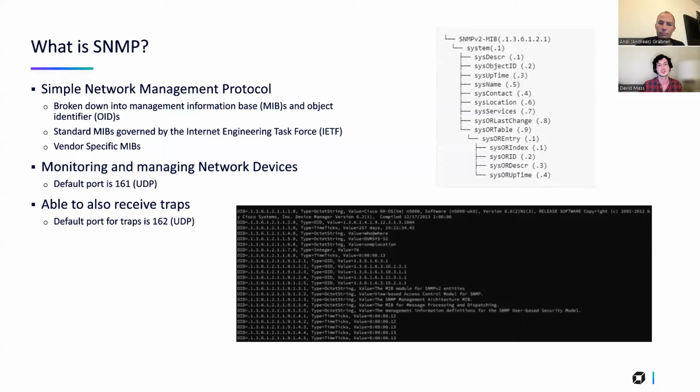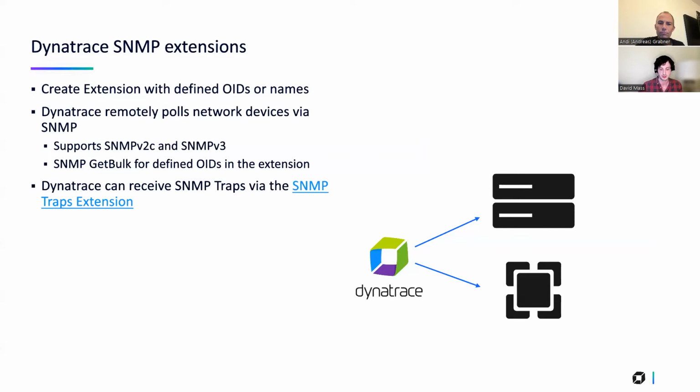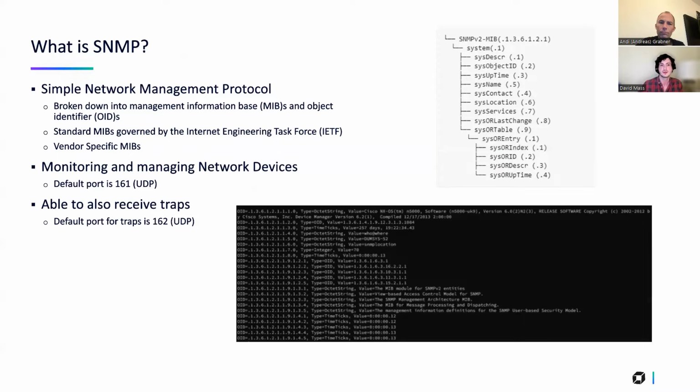If you're working with a specific vendor, even a specific type of device, like a VPN or a firewall, those might have specific MIBs and thus specific OIDs that we can pull. In the screenshots, we have an example of a MIB and the different OIDs that are a part of that.